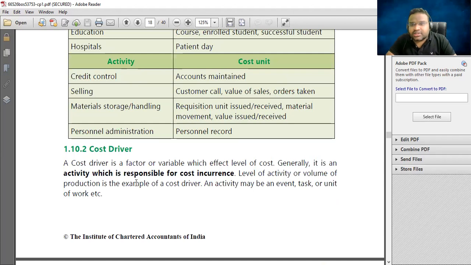So what did we learn here, students? We have learned about cost center practically, how the financial accounts and cost centers are maintained. The integrated accounting system and non-integrated accounting system I was also able to explain here. Then we understood that a cost object is that for which separate measurement of cost is required.